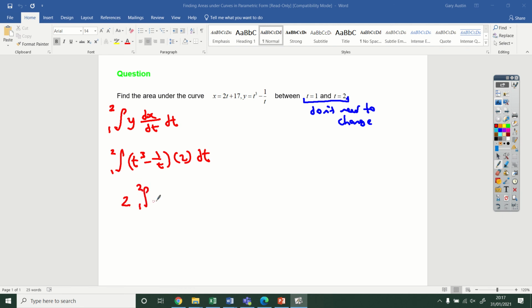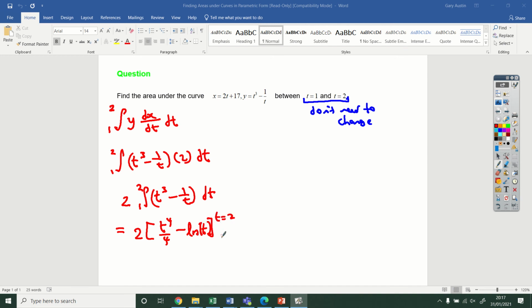So 2 times the integral from 1 to 2 of t cubed minus 1 over t dt. Now I can integrate what's inside here, so 2 at the front, and then my antiderivative will be t to the 4 over 4, and then 1 over t integrates to natural log of t. So we've got minus natural log of, I'm going to write t just with brackets because my values of t are going to be positive, so I don't need to make this positive if need be.